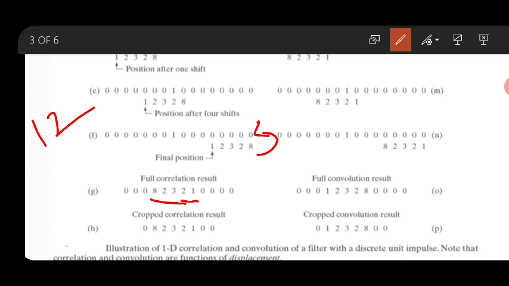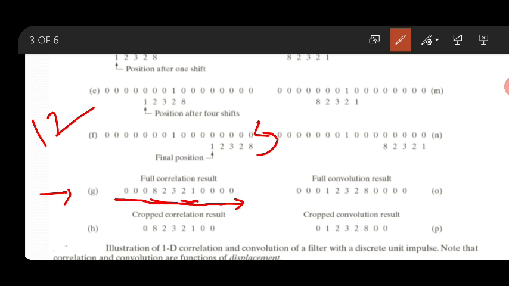Now what do you have to do here? You have to append a number of zeros, that is, you have to make it 12 bits. How many shifts are there? 12. So you end up with these bits, 12 shifts.